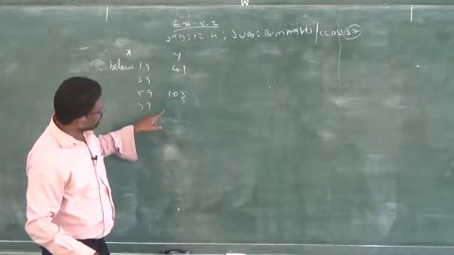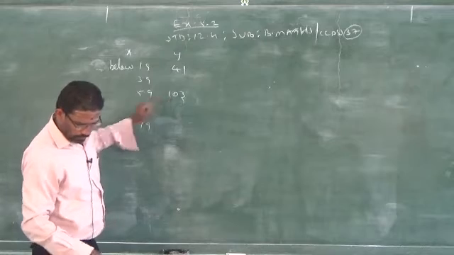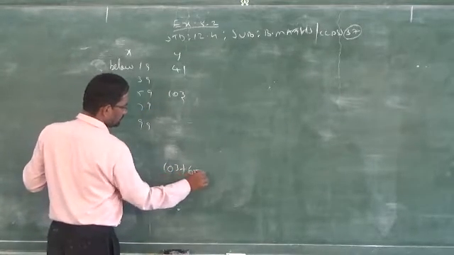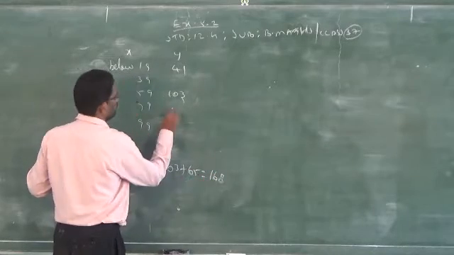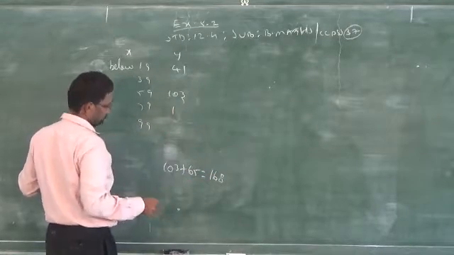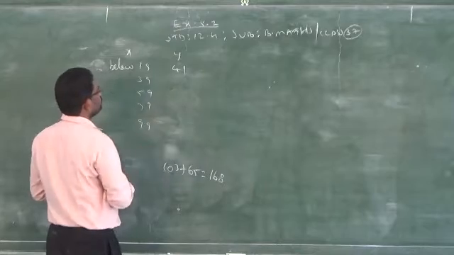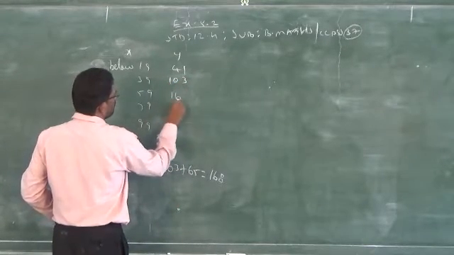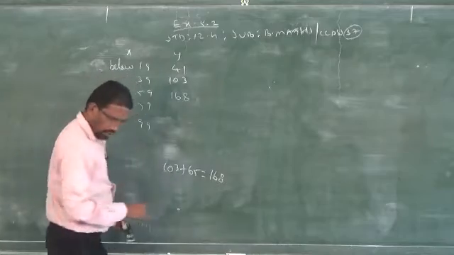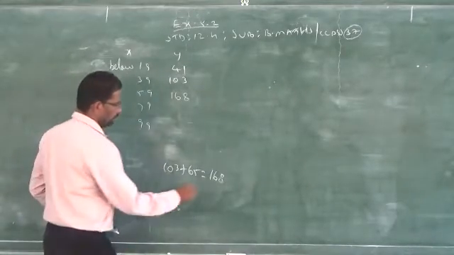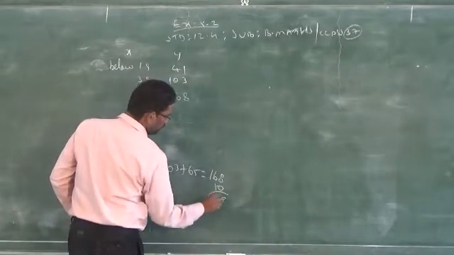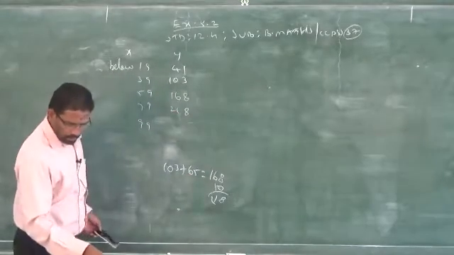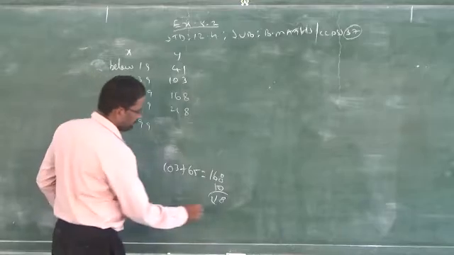Then the next data: 103 plus 65 is 168. Then 168 plus 50 is 218.